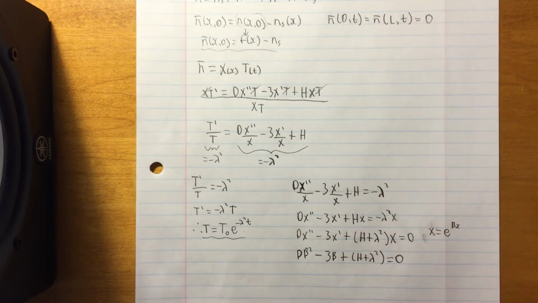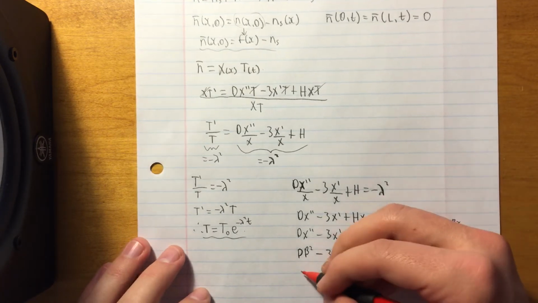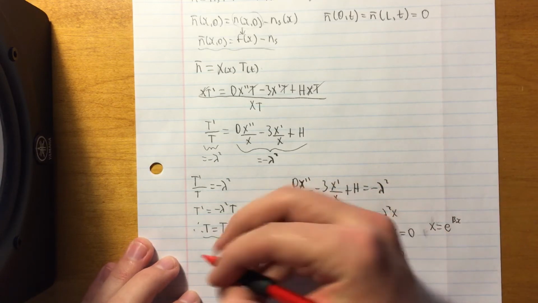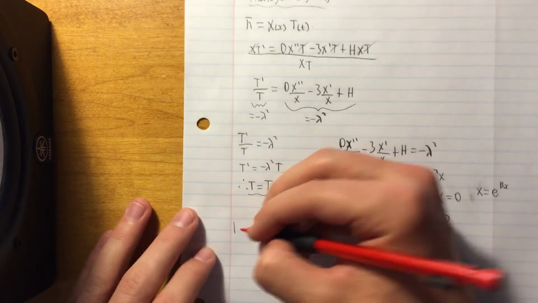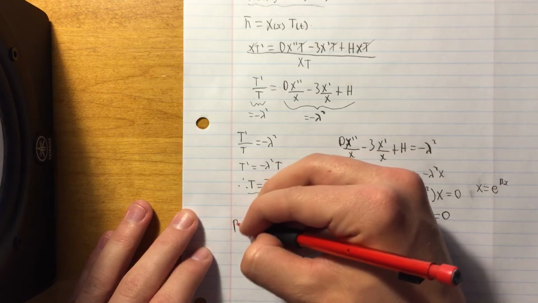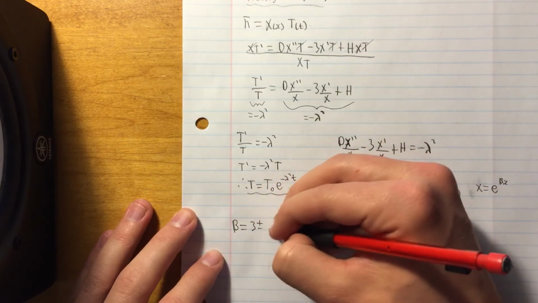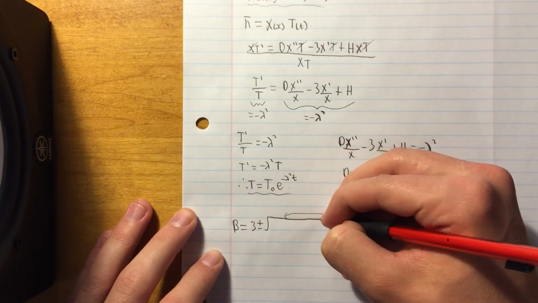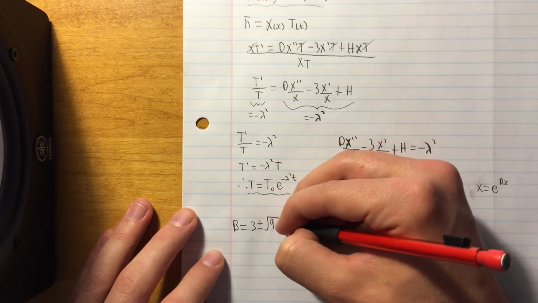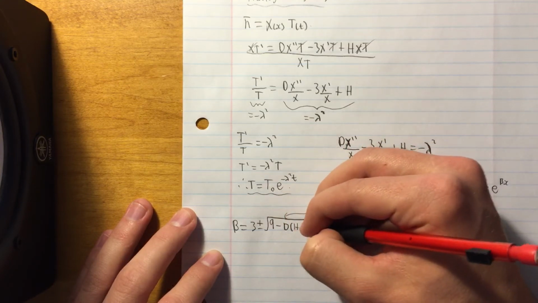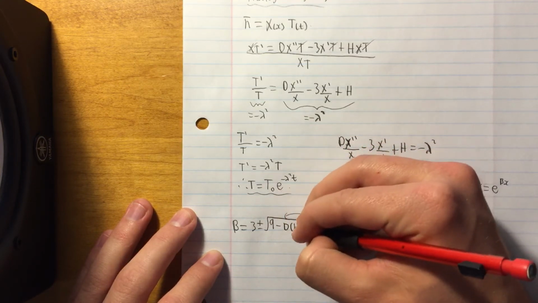Now again, we can just use the quadratic formula here. And so we're going to get that beta equals 3 plus or minus the root of 9 minus d times h plus lambda squared.